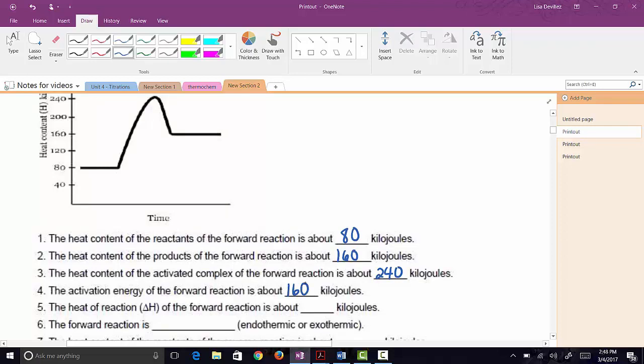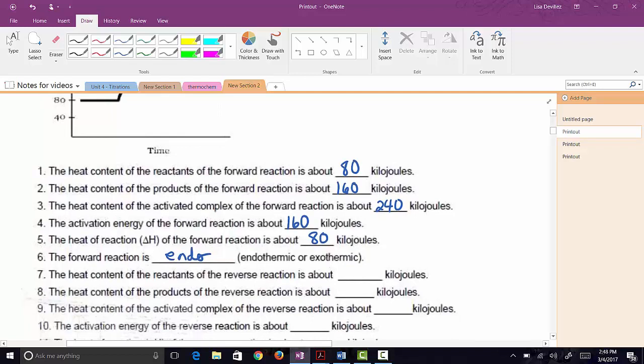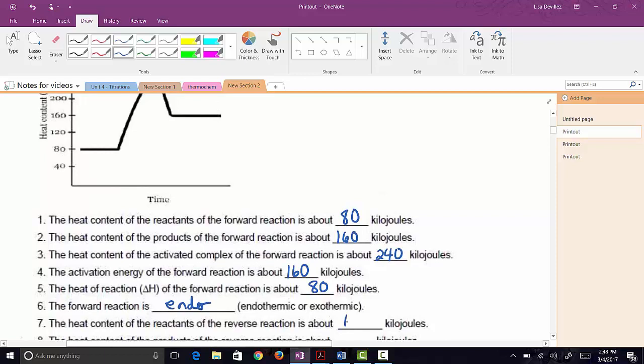The delta H is going to be 160 minus 80, so it's about 80. The forward reaction, again, this one is endothermic. And the heat content of the reactants of the reverse reaction is about 160.